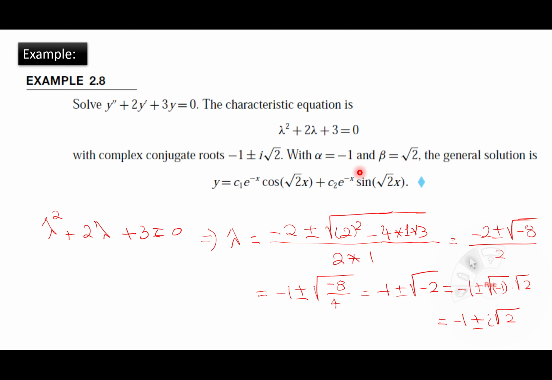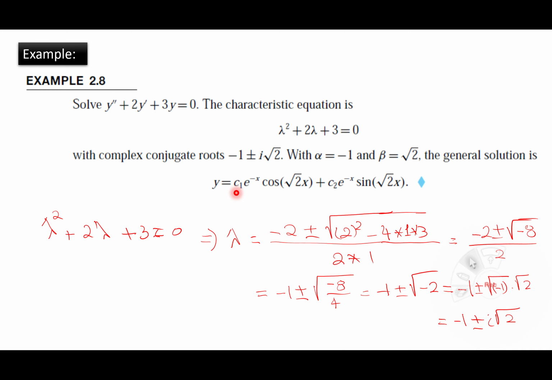The general solution in this case is y equals c1 e to the minus x, because alpha is minus 1, so e to the alpha x is e to the minus x, cosine beta x, where beta is the square root of 2, plus c2 e to the minus x sine beta x. So this is the solution of the differential equation.